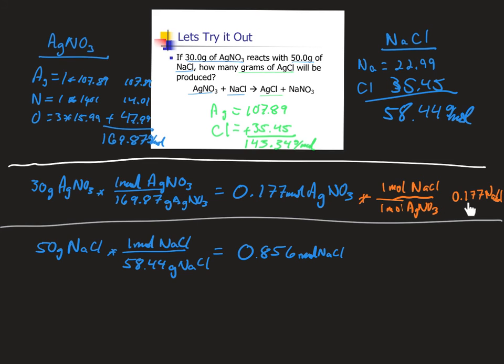Now, do I use this number or do I use this number? It actually does not matter which number I use. So I'm going to write that this one's bigger, therefore it's in excess.